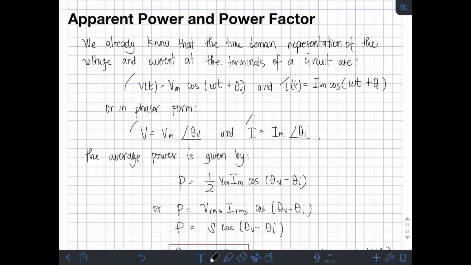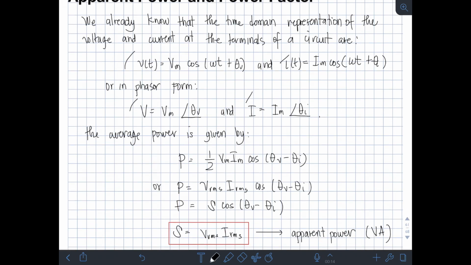Now, na-discuss na rin natin na yung average power is given by P is equal to 1/2 V sub m I sub m cosine theta v minus theta I. So, itong average power natin is measured in watts.